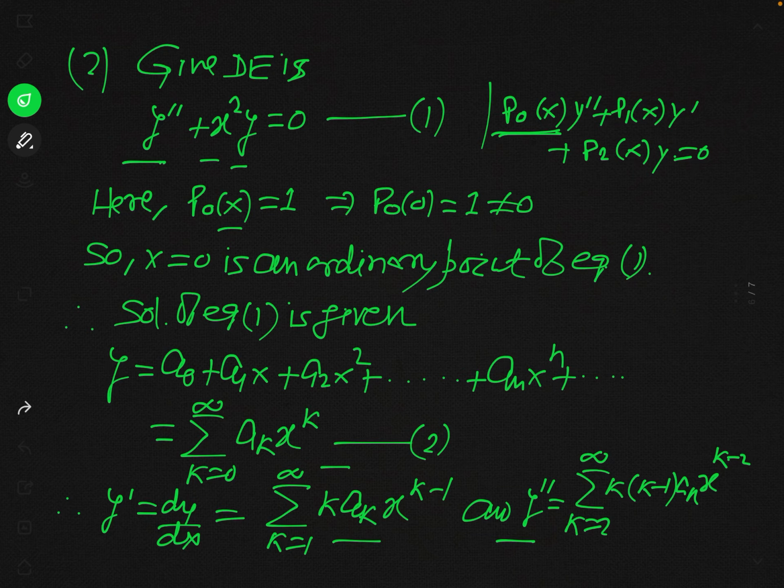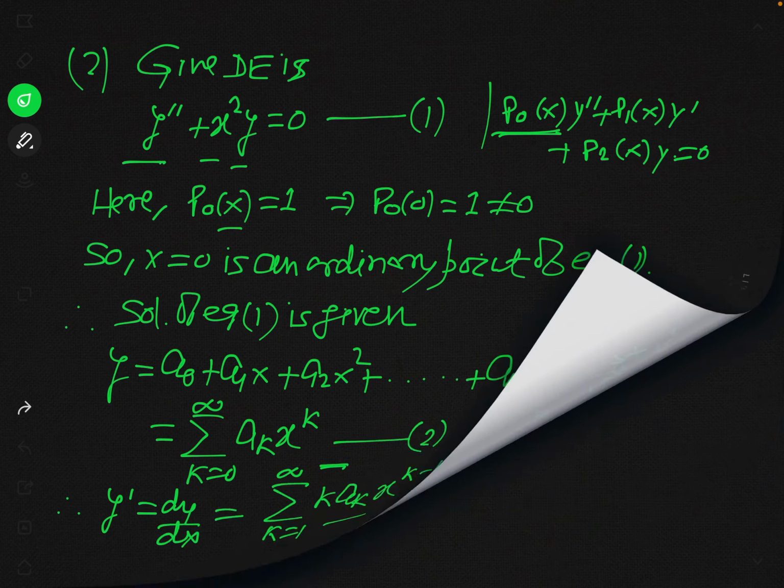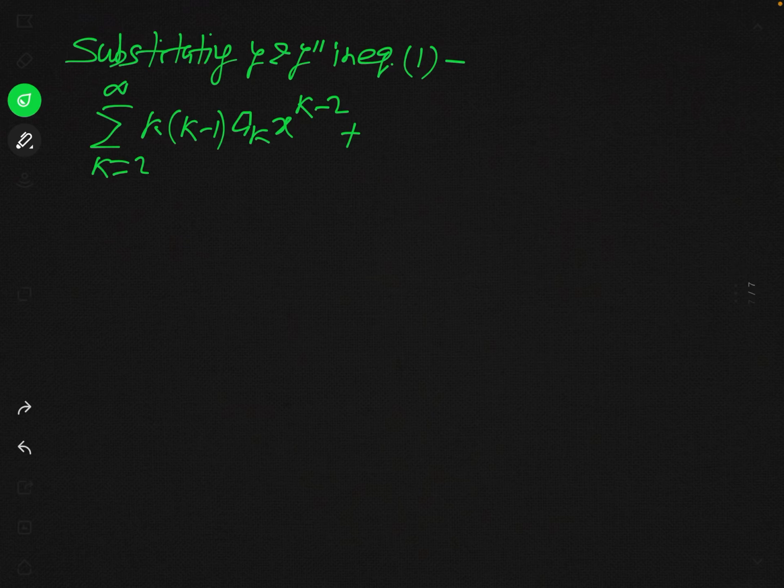So in this value of y, we have to multiply x square. So this will be x square into y, and instead of y, now we will write summation k from 0 to infinity ak x to the power k, and this will be equal to 0.